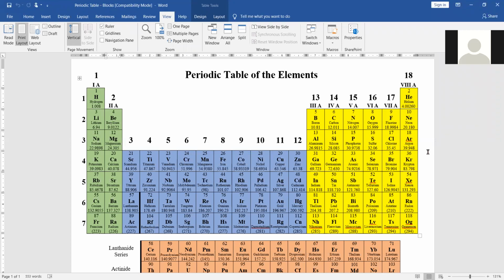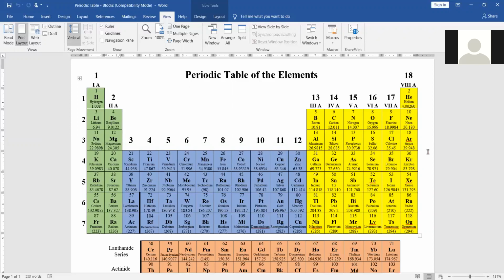Let's see, let's do a couple more here. Angela, put your finger on number 56. You got it? Yes, sir. Barium, in S block. Is that a metal or a non-metal? Metal. So positive cation or negative anion? Positive. Positive how many?